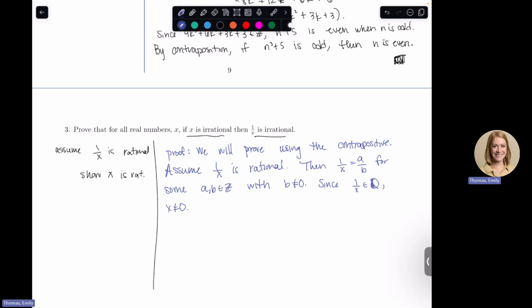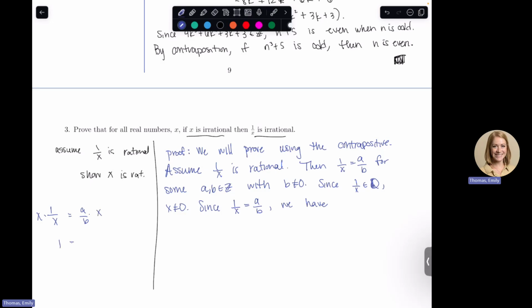Okay. So since 1 over x equals a over b, we have, multiply both sides by x. I want to make sure we can flip this without doing any sort of division.